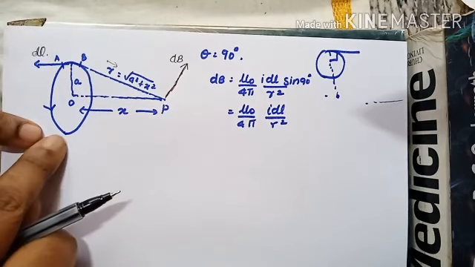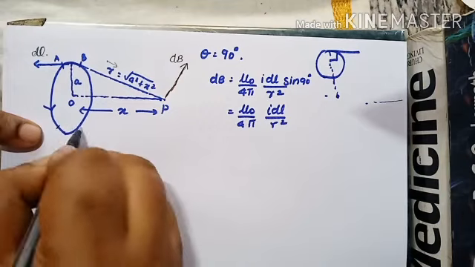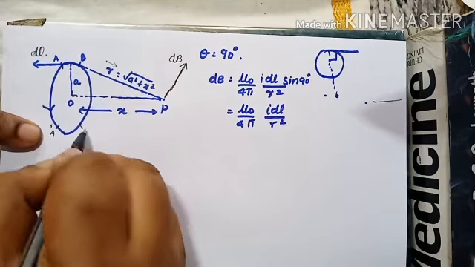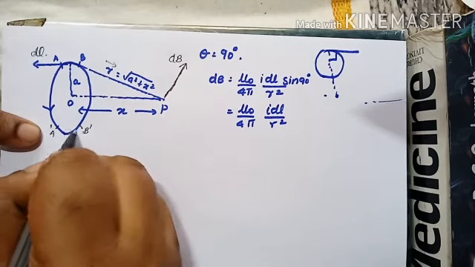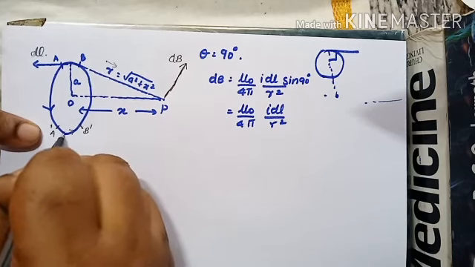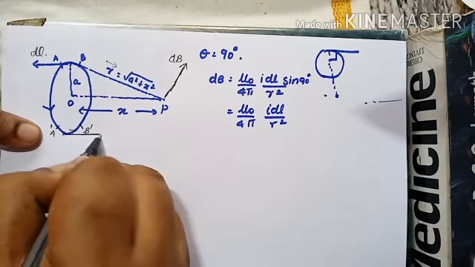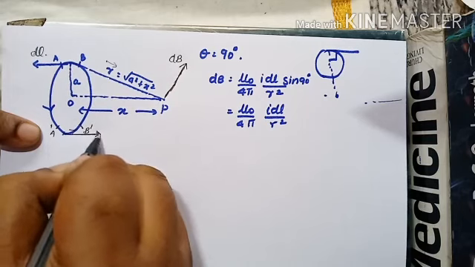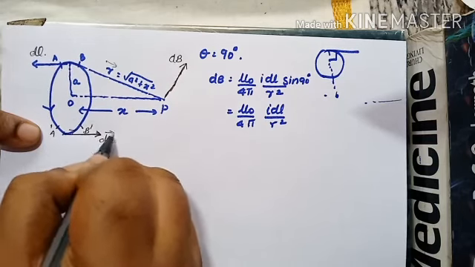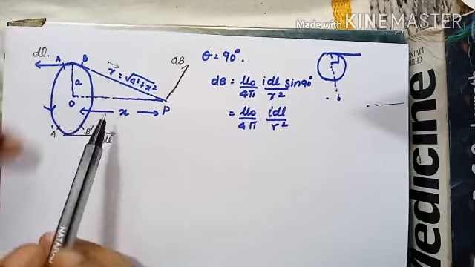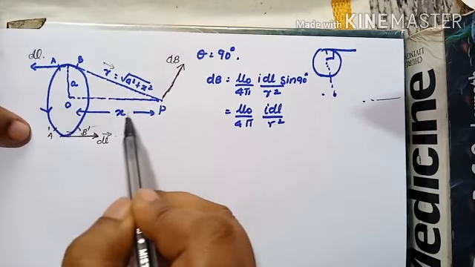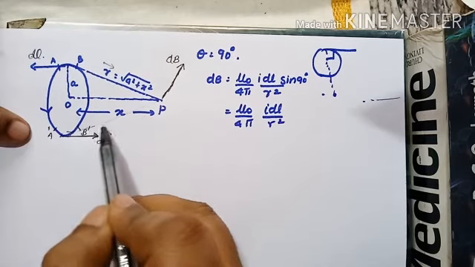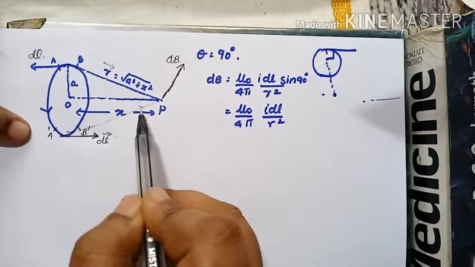Similarly, let's take another element, a dash b dash. Which direction will the current element be? The current is in this direction, so the element dl vector will be in this direction. And if I take r, it will be from here. I'm drawing it very light, guys. So it will be in this direction.